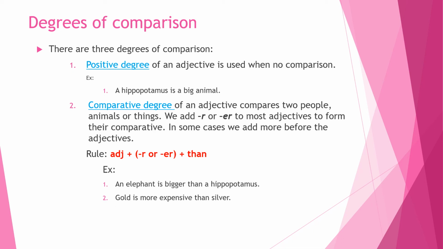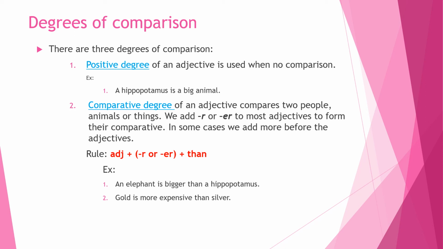We add R or ER to many adjectives to form their comparative. In some cases, we add more before the adjectives. And the rule for comparative degree is adjective plus R or ER plus than.